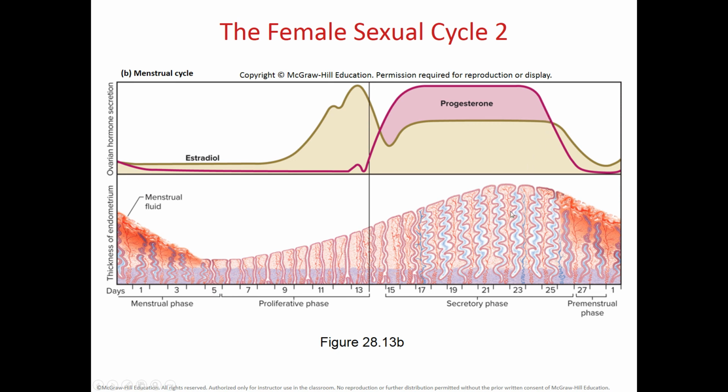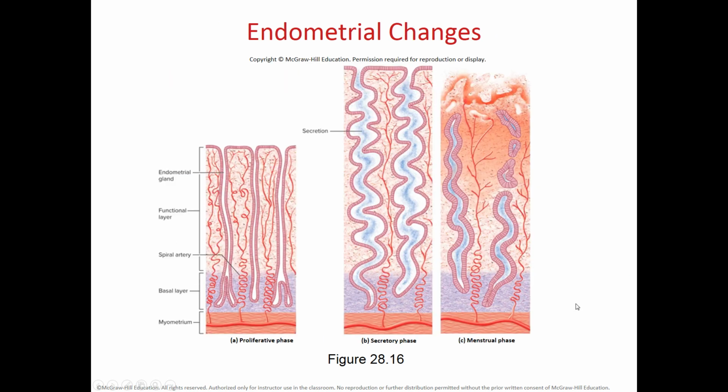With that, you will have secretion of glycogen by the endometrial glands, and you maintain the thickness of the endometrium just in case pregnancy happens or the ovulated egg gets fertilized. But if that doesn't happen, then you have your premenstrual phase, in which you have hypoxia of the tissue within the endometrium, and then you start the menstrual cycle again.